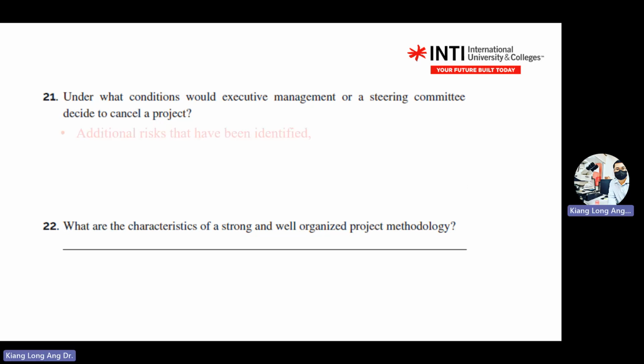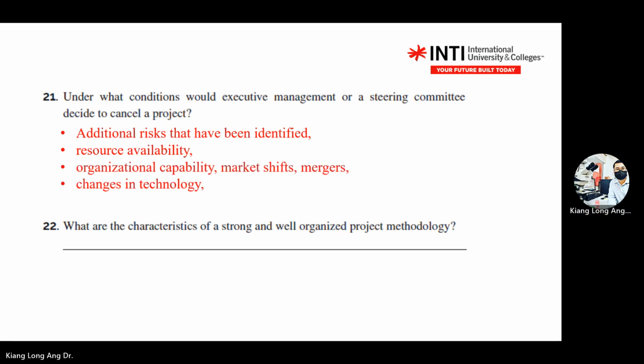Okay, so I'll give you the answer. There is an additional risk that you cannot manage. Resource availability, so you don't have the resources. There is organization capacity that is outside, I mean, the project is already outside the capability. For example, you are the Tesla company.